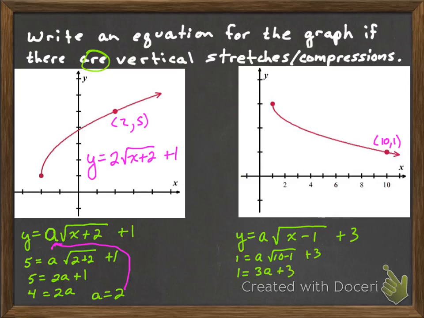All right, so subtracting the 3 gives us negative 2 equals 3a, and dividing means a is negative 2/3. Plugging this back in for the a gives us our equation y equals negative 2/3 square root of x minus 1, plus 3.